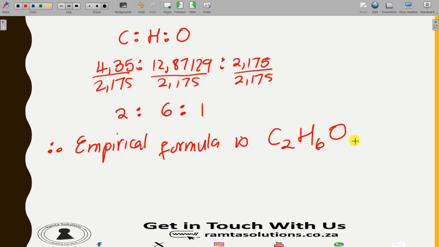The subscript for C is 2, for H is 6, and for O is 1. Happy? So this is your empirical formula.